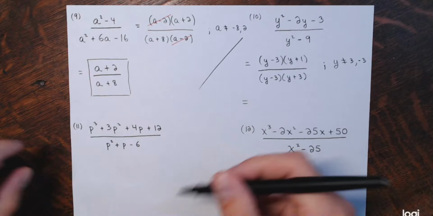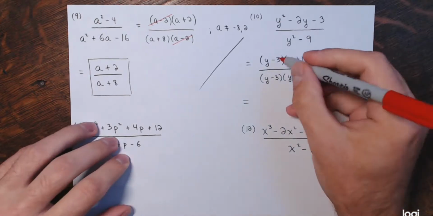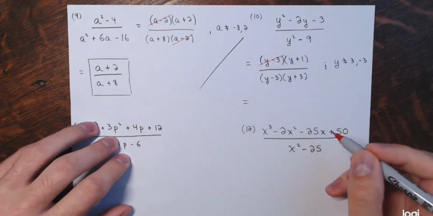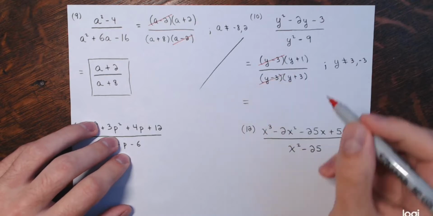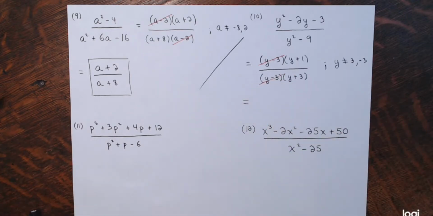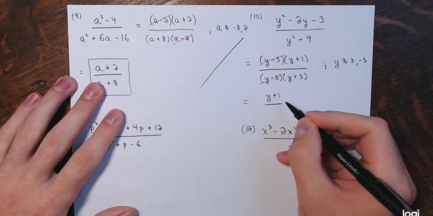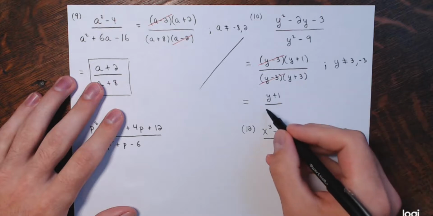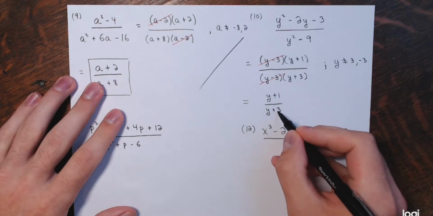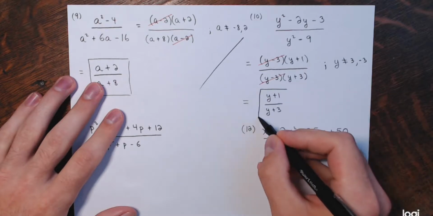And now comes the cancellation part. I noticed that the numerator has a factor of y minus 3. The denominator also has a factor of y minus 3, and that's it. So I'm left with y plus 1 in the numerator, divided by y plus 3 in the denominator, and I'm done with this one.